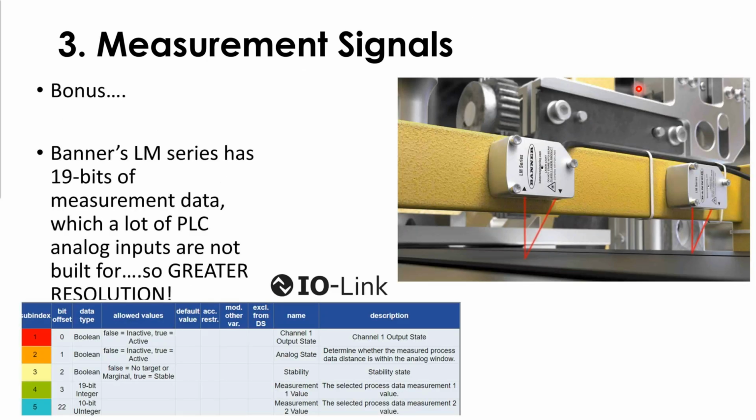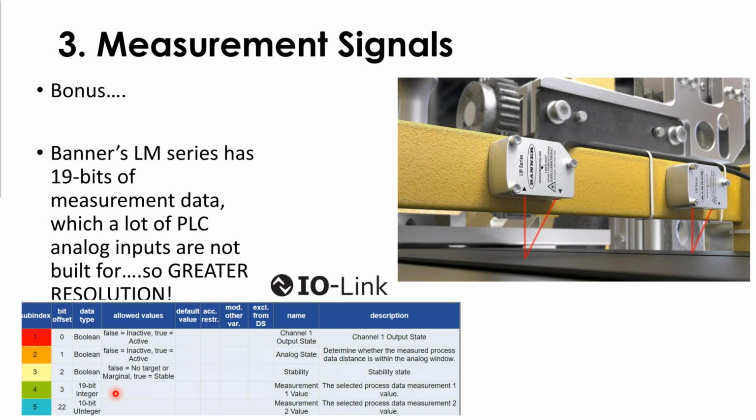One of our field application engineers, John Lee, brought this up to me last week after we were going through the presentation. Another benefit of using this for measurement data is resolution. You can see here that the LM gives 19 bits of measurement information. Well, most analog PLC cards on the market that I'm aware of are 12 bits, and you can get some that are 16 bit.